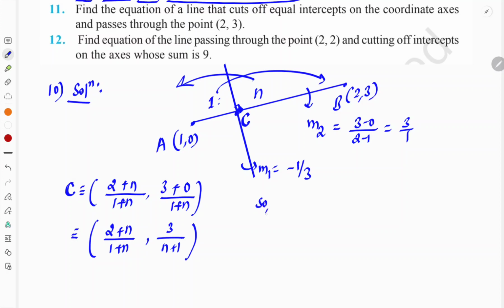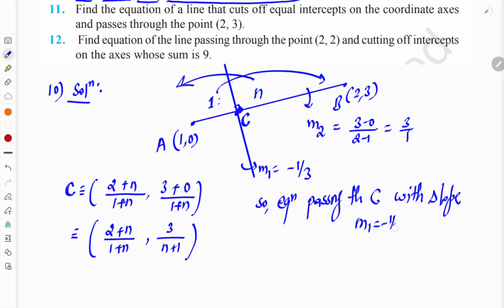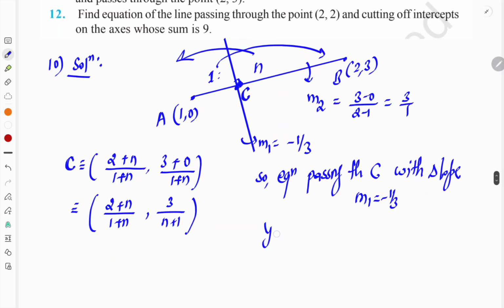So the equation passing through C with slope m equal to minus 1 by 3 is given by y minus y1, where (x1, y1) is C: y minus 3 divided by (n plus 1) equals minus 1 by 3 times (x minus (2 plus n) divided by (1 plus n)).